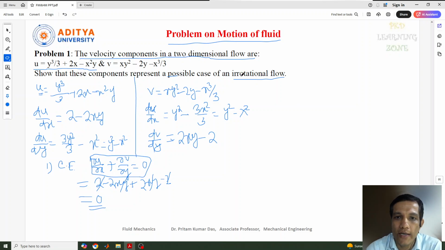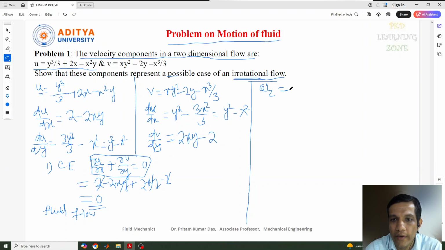The second thing: we need to show that this is a possible case of irrotational flow. For rotational flow, we know that omega z is equal to 1 by 2 bracket del v by del x minus del u by del y.